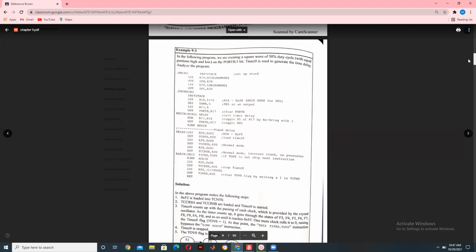Analyze the program. Basically, we would be creating a square wave that we can view on an oscilloscope as well.